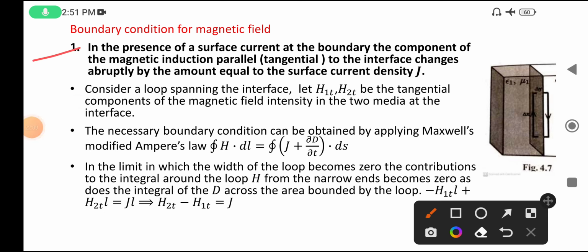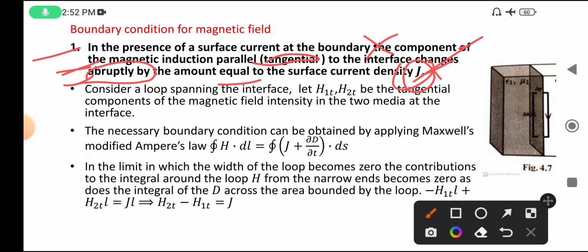In the presence of surface current at the boundary, the component of the magnetic induction parallel, meaning tangential, to the surface changes abruptly by an amount equal to the surface current density. When this word abruptly comes, it means it is discontinuous. You cannot get 0, you get some value, that is the J value.